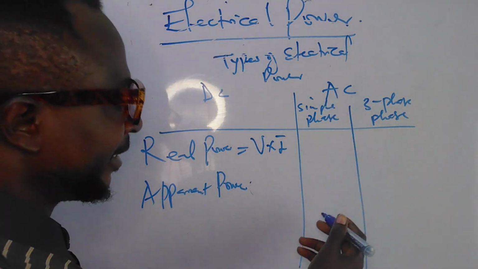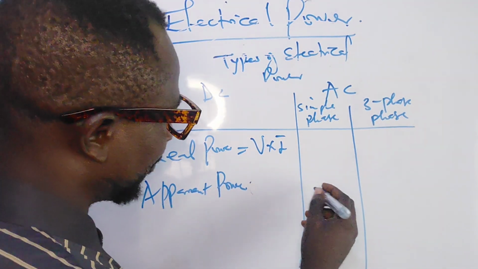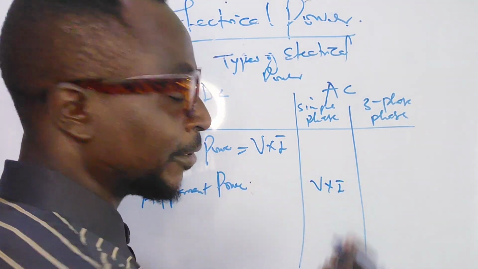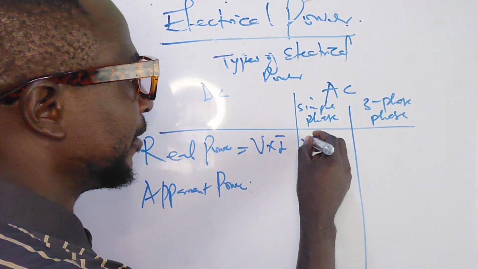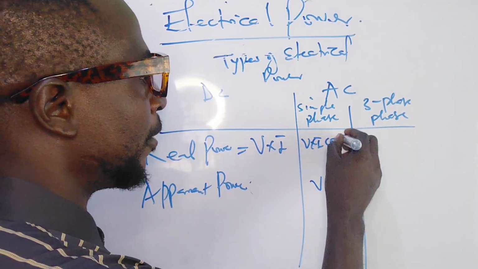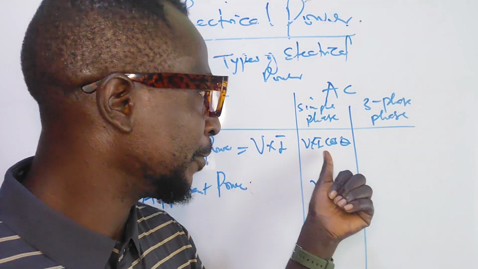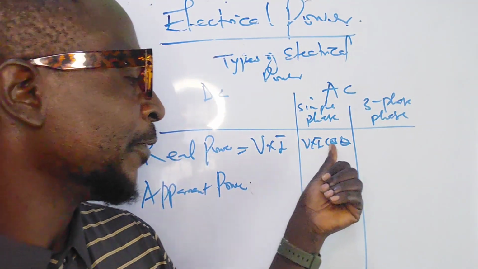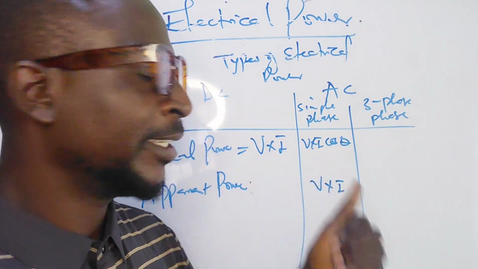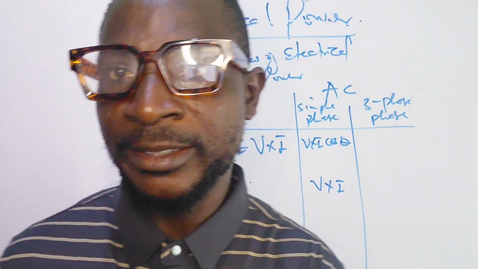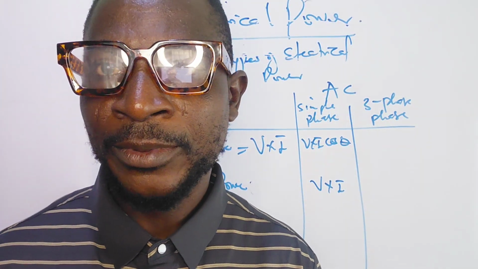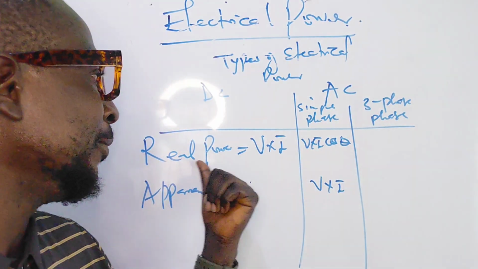But in AC, apparent power is volt times current, while the real power is volt times current times cos theta. If the phase angle between your voltage and current is 0, it means your real power is equal to apparent power. So that is what we have in the case of DC.